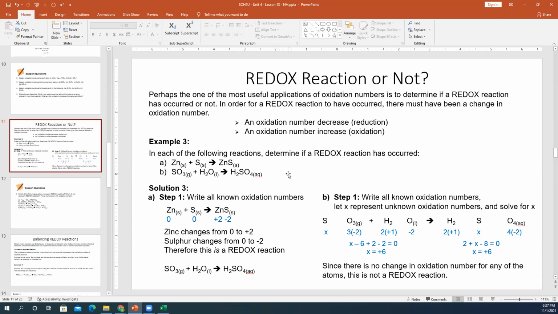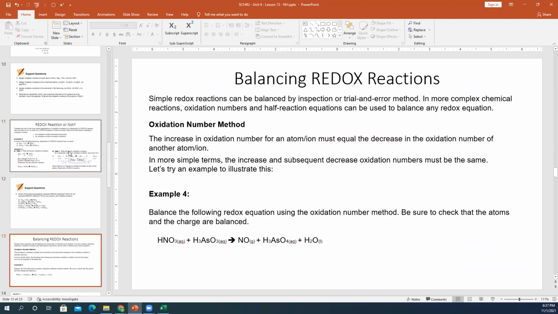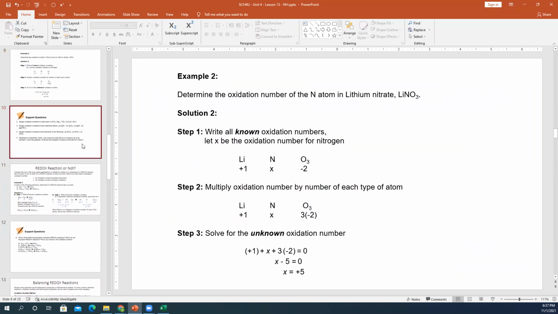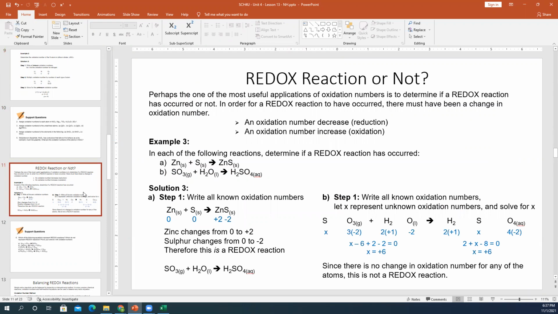So in this example, you're asked to determine if the reaction is a redox reaction, if a redox reaction occurred.